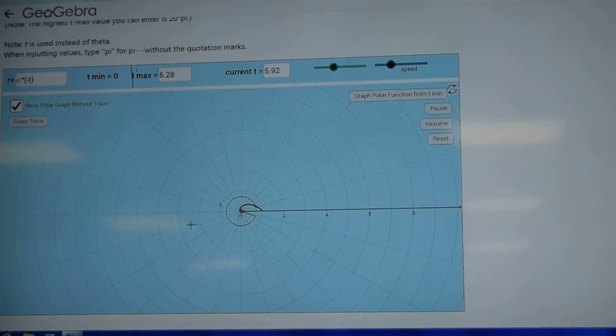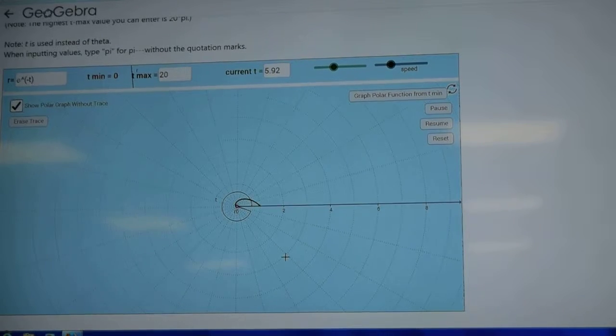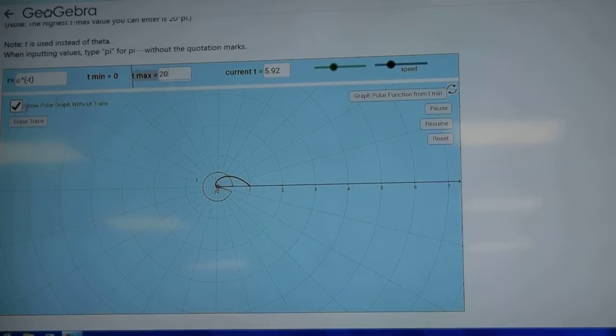And because this software only goes up to, I guess I can do this 20, how's that? Okay, I guess it doesn't do much more than 2 pi angles. But if you go further, this actually becomes another type of spiral, which is called the logarithmic spiral.